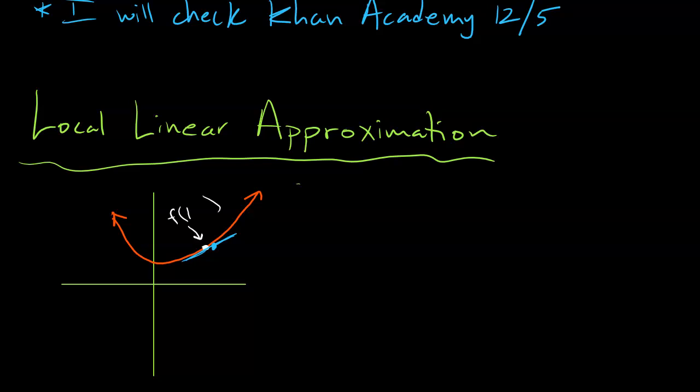Let's say you're asked to evaluate 1.97 in some sort of a quadratic function that you would never be able to answer without a calculator. The local linear approximation basically says you can evaluate a nicer number at a close location on the tangent line, because the tangent line is linear, so it's usually easy to calculate. That's the general idea: you use a tangent line to estimate a close location.